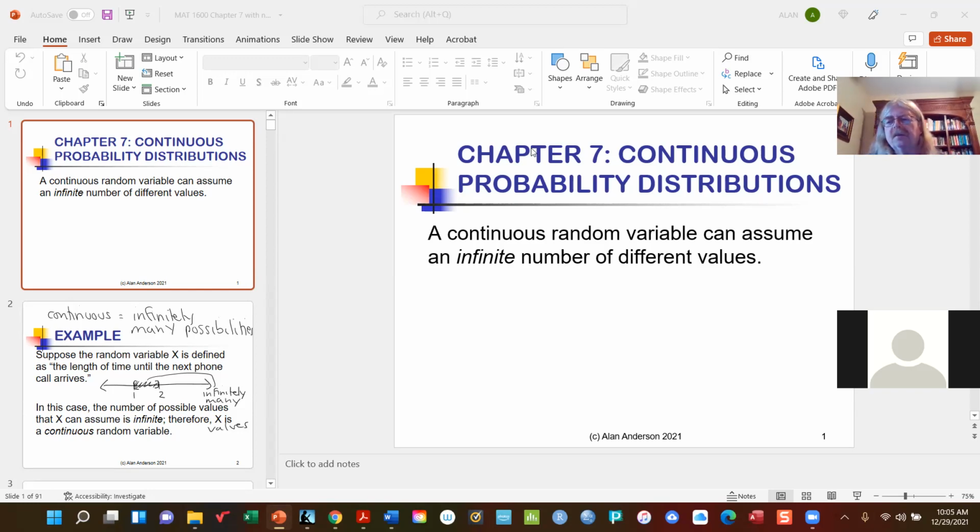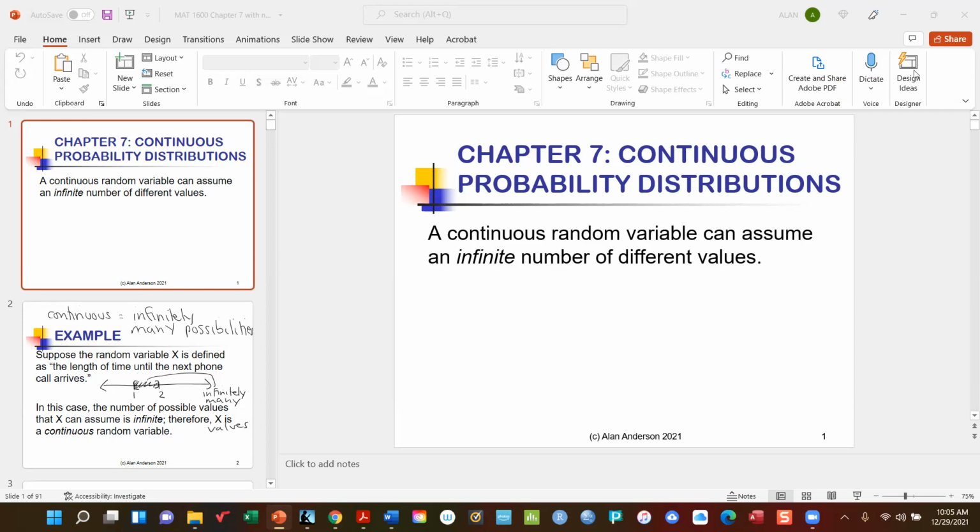Instead of taking the formula and plugging in numbers, the formulas in this chapter are more involved and they do require the use of calculus for us to implement them directly. So we won't be doing that here. Instead, we'll be using the tables or else the calculators. Now, if you were taking this class in the math department, you might have to do the calculus anyway, but we're not in the math department.